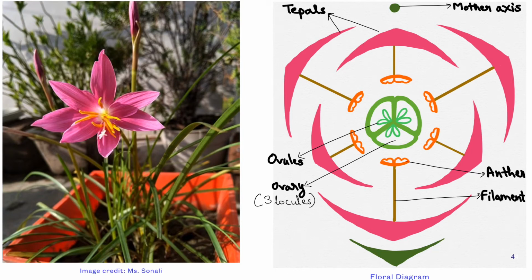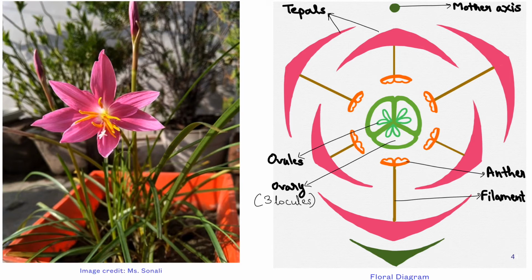Androecium is a collective term for the male reproductive structure, that is stamens. There are 6 stamens present attached with tepals with the help of filament. Anthers are present, which are bilobed, bithecous.